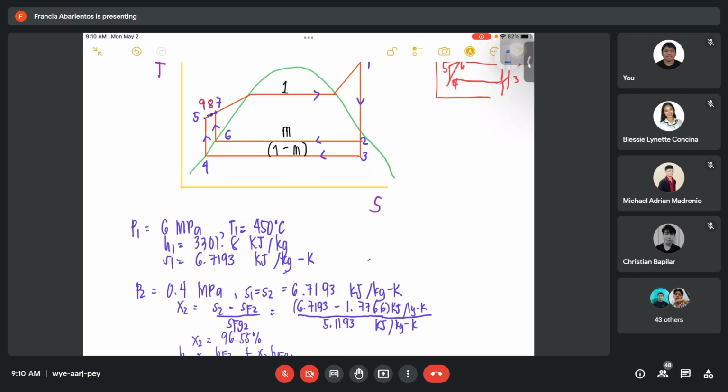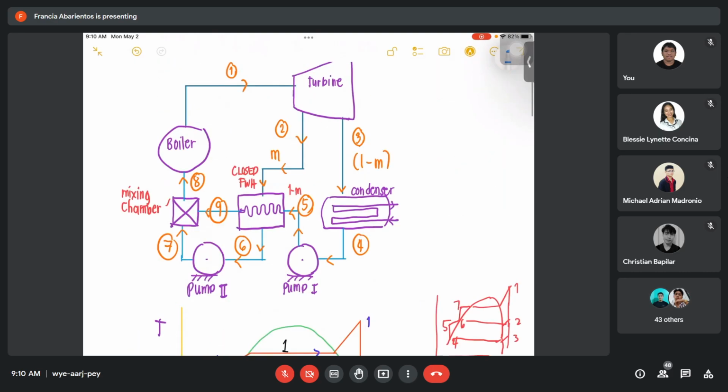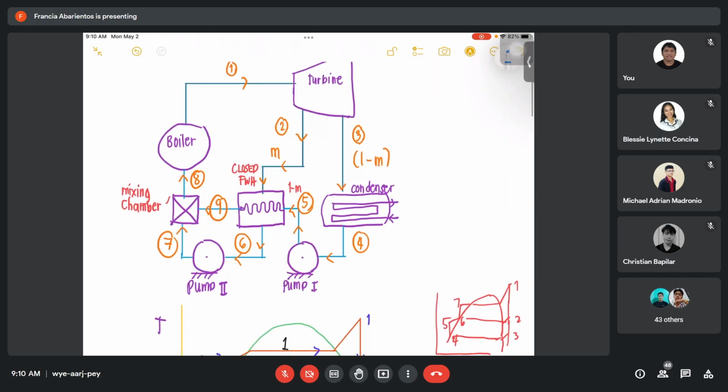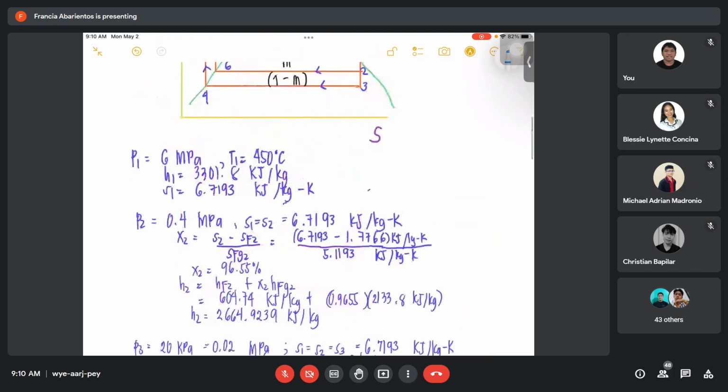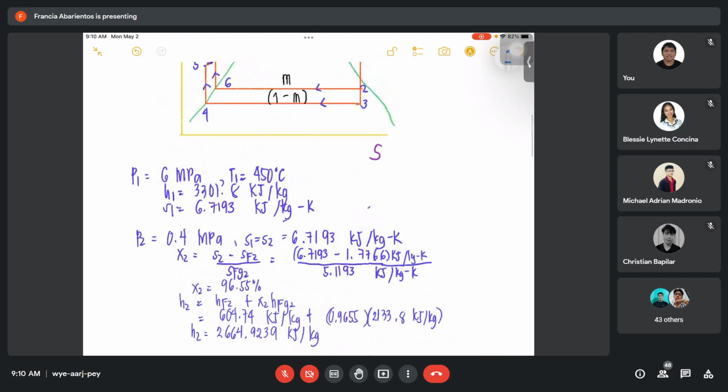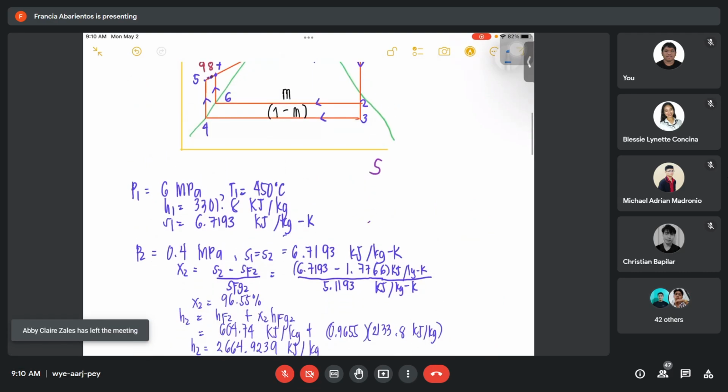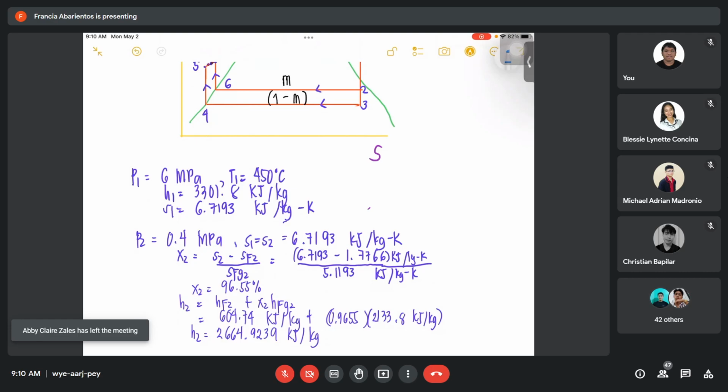From process 1 to 3 class, take note that is a constant or tinatawag nating isentropic process. So, S1 is equal to S2 which is equal to S3. Since from point 2, yung point 2 natin class papuntang feed water heater. So, S1 is equal to S2. Finding the quality at point 2, we have 96.55.